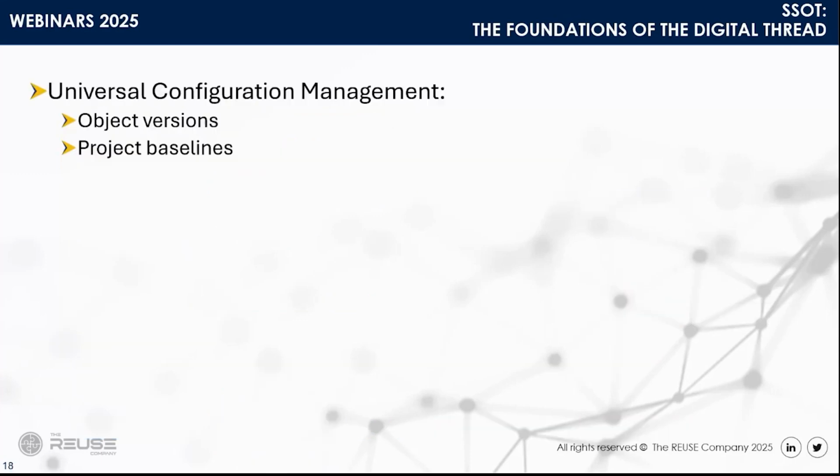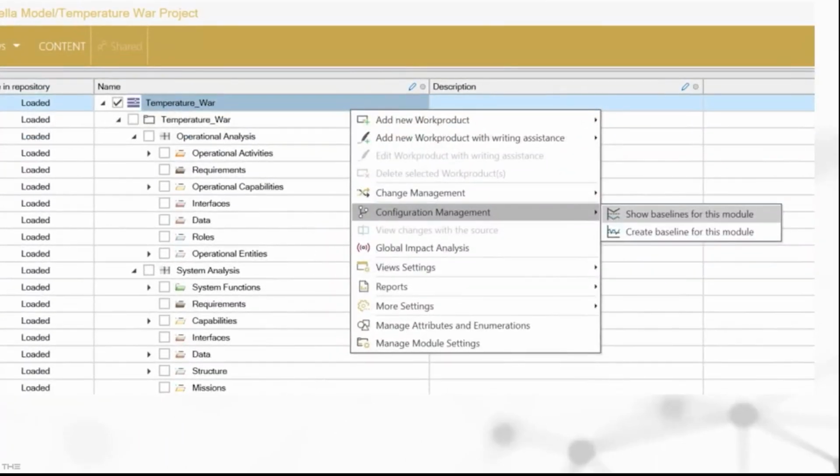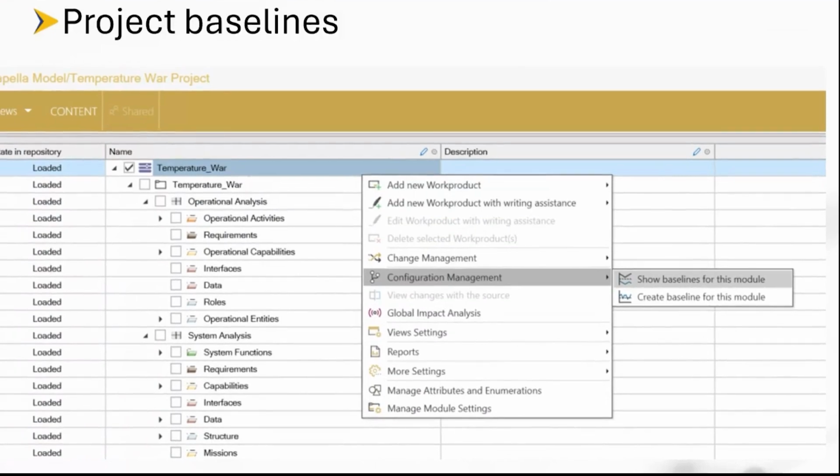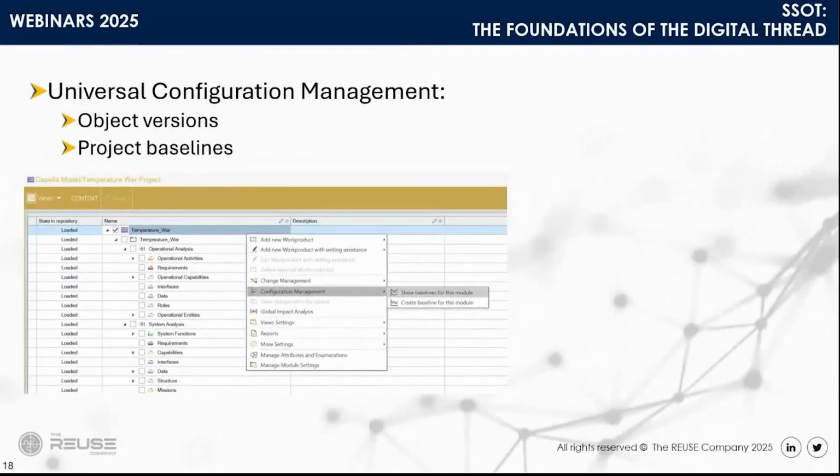Together with that, universal connectors mean universal configuration management. We have objects represented, as you saw in the previous picture. These are all objects, and these objects can be versioned, and the whole model can be baselined. So we can baseline the Capella model in this tool, and by referring to the previous slide, that means we can revert a model to the previous version using also this capability.